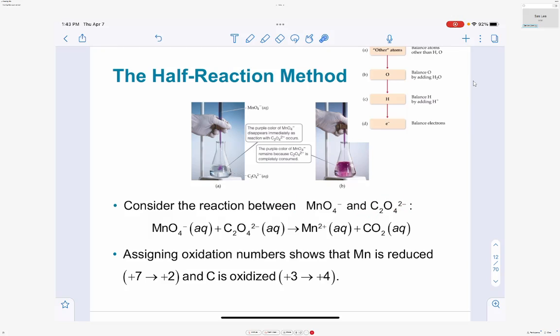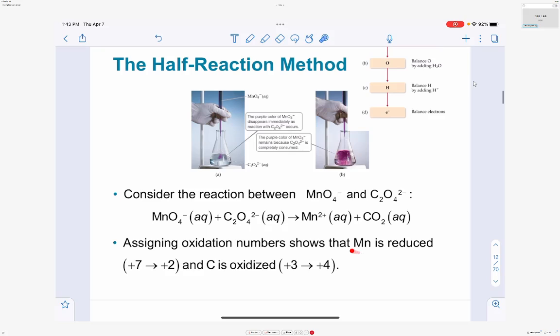Since the very first step is to write the half reactions, we need to figure out which substance got oxidized and which substance got reduced. If we assign the oxidation numbers for manganese, we can see that the oxidation number of manganese changed from +7 to +2.